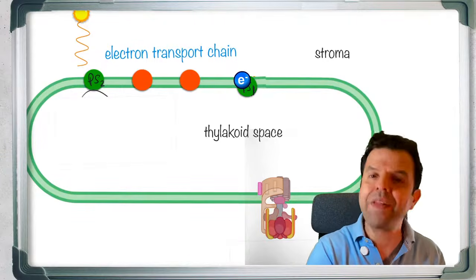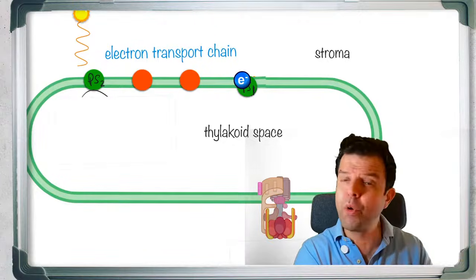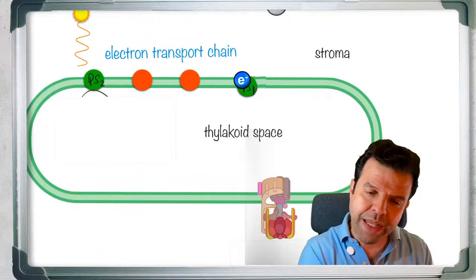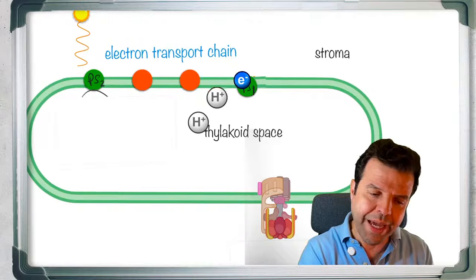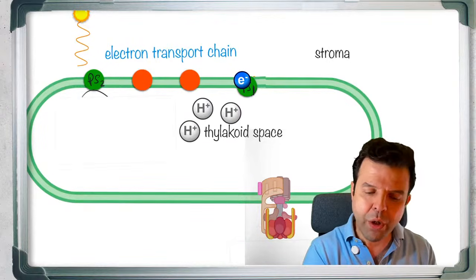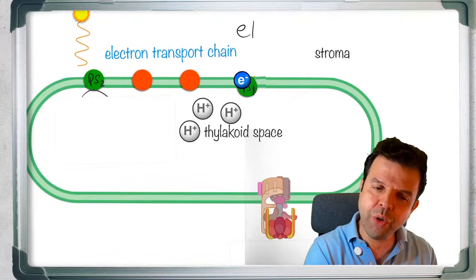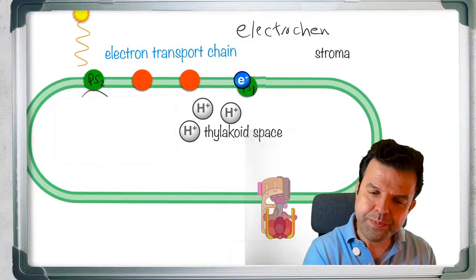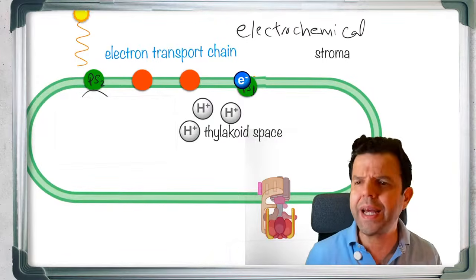So while the electron is moving, remember what it does? It's not moving like a journey. No, it does work. The work the electron is doing is to build up a gradient inside. I'll be calling this gradient electrochemical gradient. Why electro?